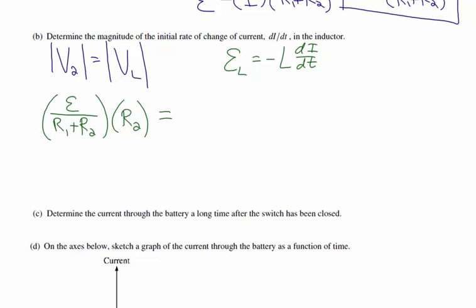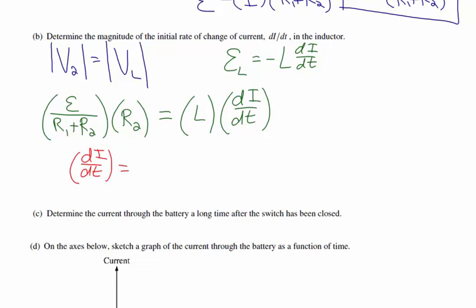The quantity L is the inductance of the inductor, and the voltage is L times di/dt. We set that equal to the voltage across resistor 2. This problem is asking us to find di/dt, so we divide both sides by L, and we get that di/dt equals the voltage across resistor 2 divided by L.